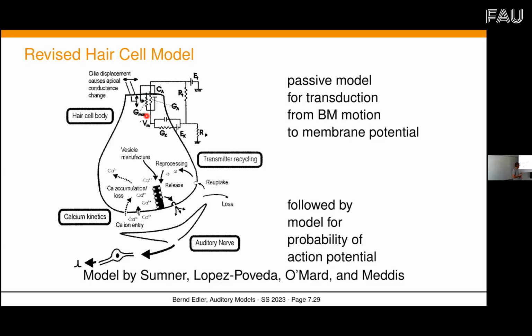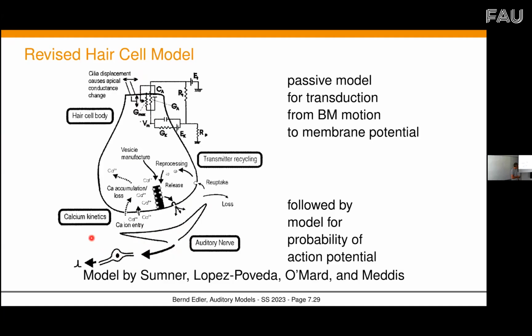So this was more or less integrated into that, and here there's a separate model about that. And continuing from there, we have some neural activities on the nerve fibers of the auditory nerve.